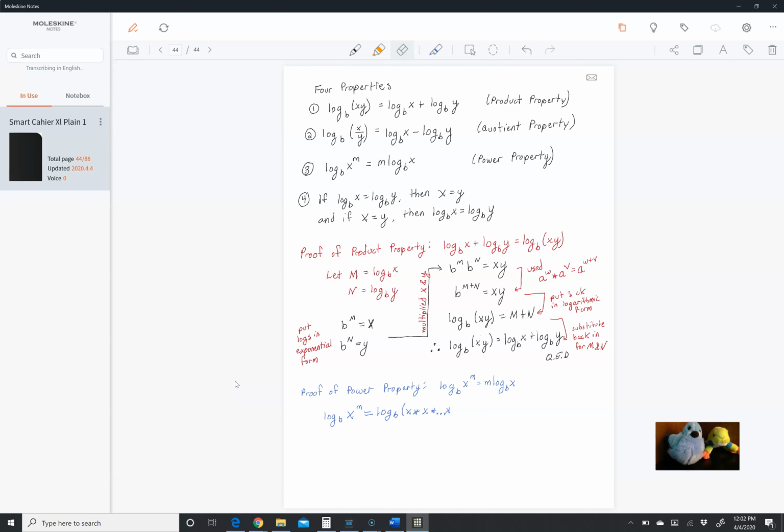So we're doing exactly what we did with the exponents. We're showing what the left side is equal to, and then we're going to show that that's the same thing as the right side. So this is happening m times. This is just the definition of exponents.